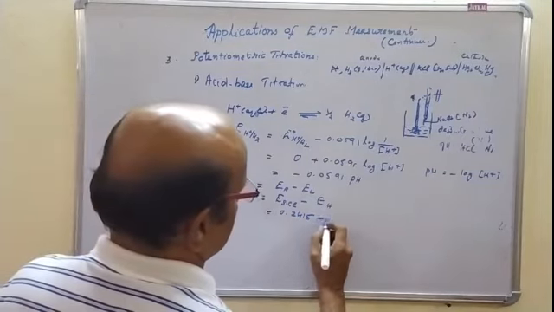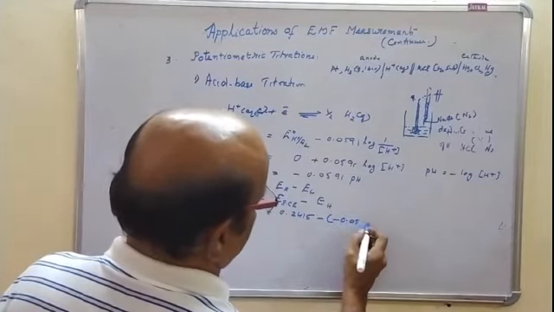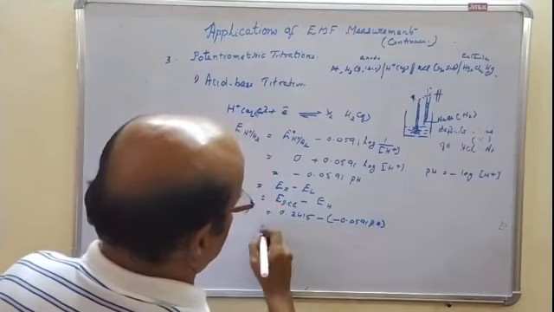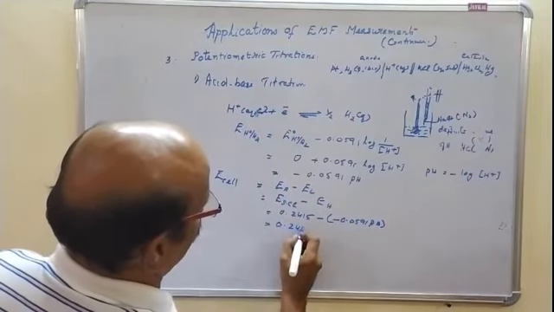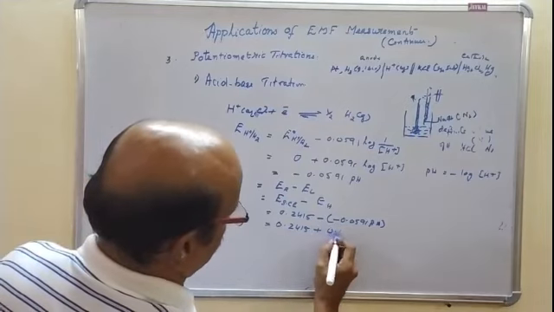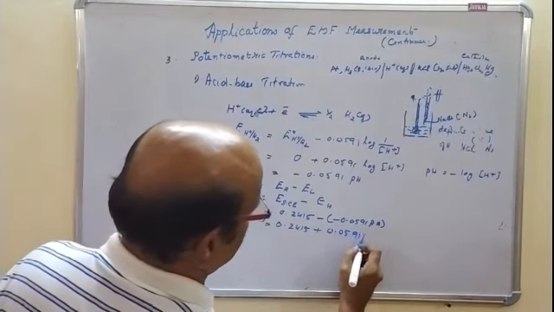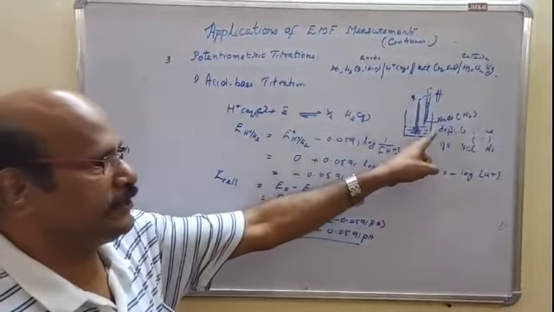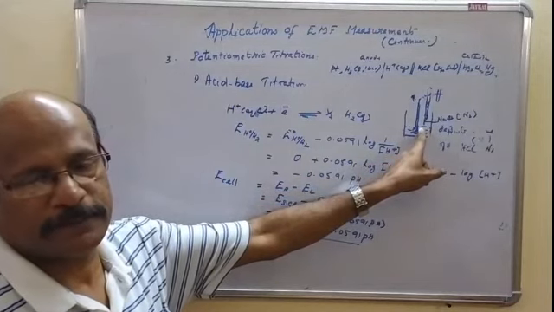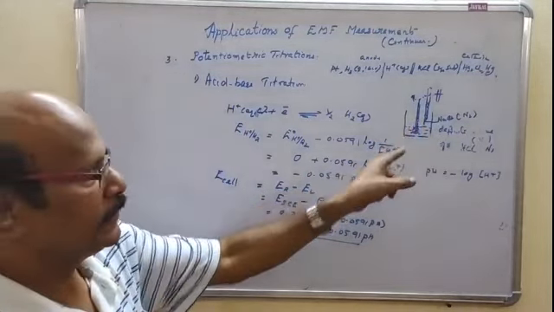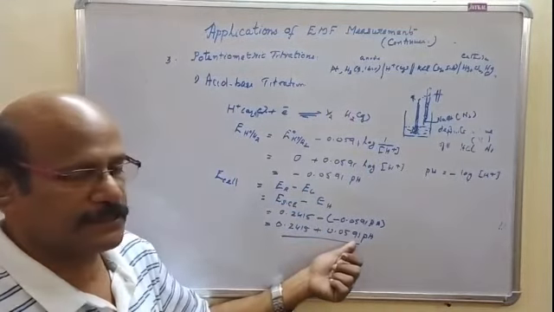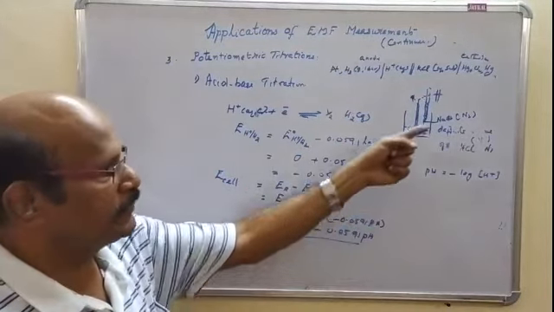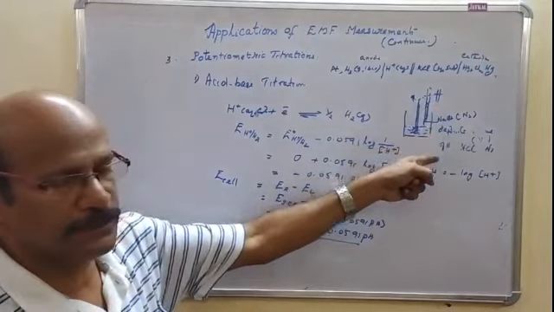That is equal to 0.2415 minus, or rather plus, 0.0591 pH. So this is the equation. On adding NaOH into the HCl solution, that is during the titration, the EMF of the cell goes on increasing with the addition of NaOH into the solution.